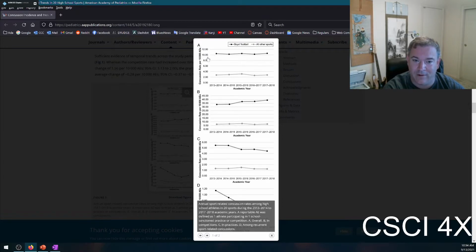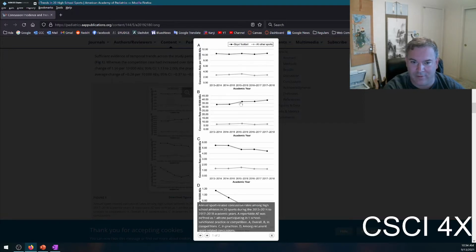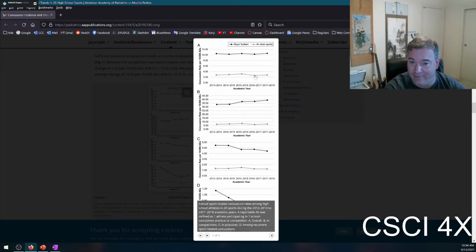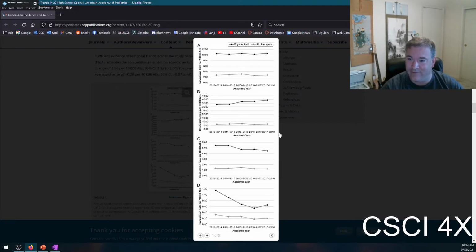Boys football has a concussion rate of 10 per, it's like training hours or something like that. Then all the other ones are basically down here. So one study found that football had the lowest concussion rate, at least in training, not in match play, and this one showed football had the highest rate. And rugby was down here with the other ones.